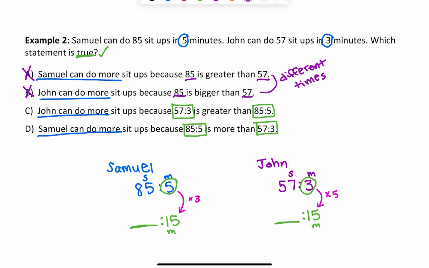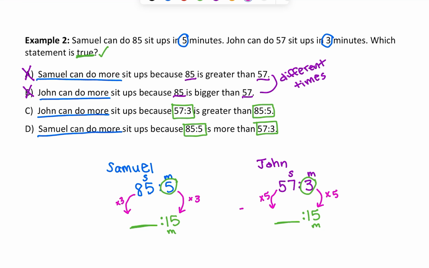So I need to do 57 times 5, and that's going to give me my missing piece. But over here on this one, I did times 3, so I need to do 85 times 3, and that's going to give me my 2 pieces.